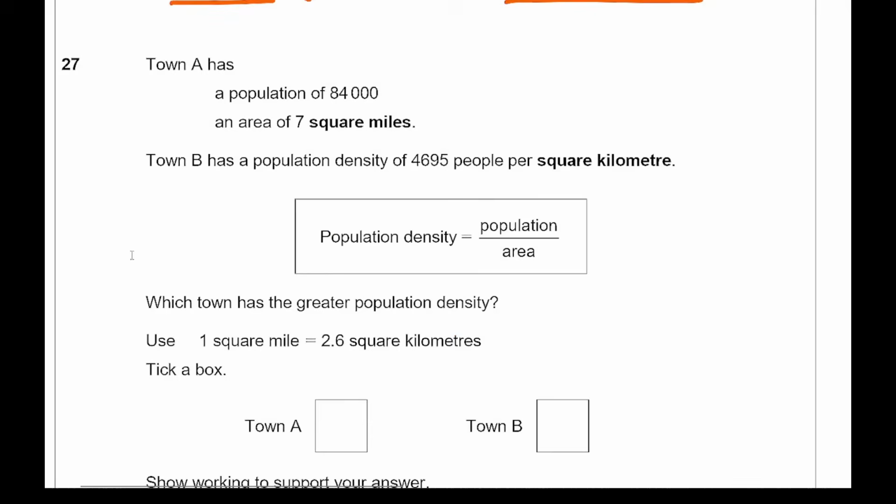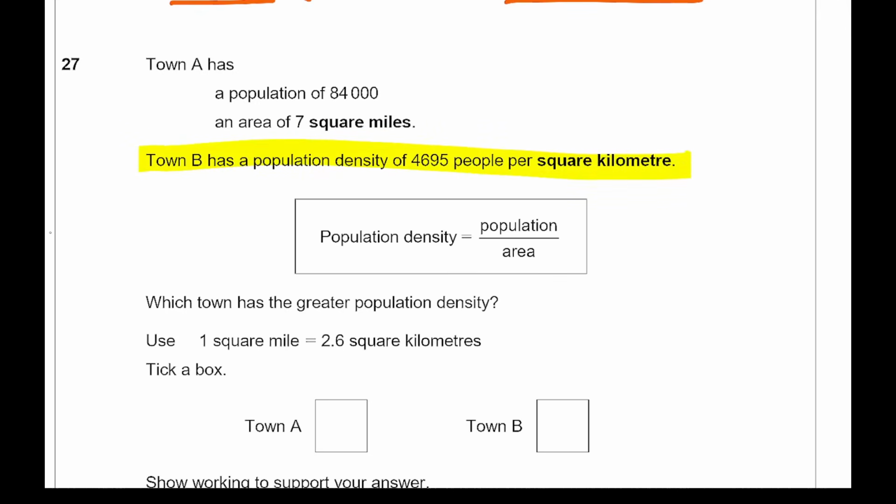And moving on to our last question, it says that Town A has a population of 84,000 and an area of 7 square miles. Town B has a population density of 4,695 people per square kilometre. What this question is asking us to do is to see which town has the greater population density. For Town B, we already know this because it has told us in the question.